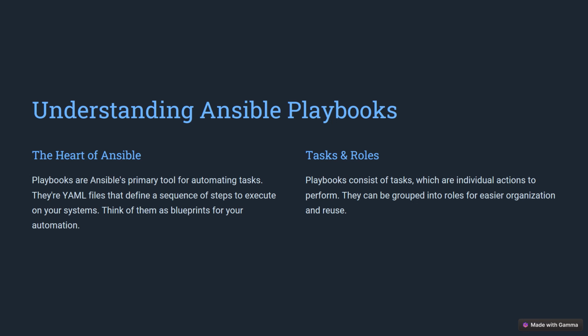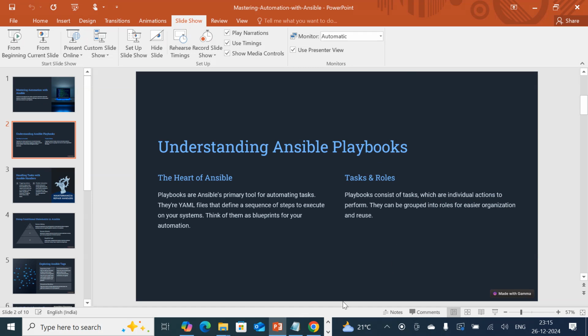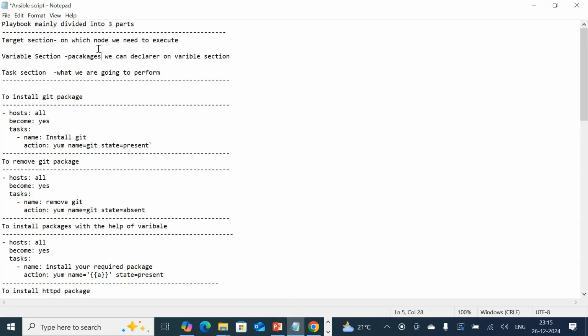of roles. In an Ansible playbook, what are the main things? Please have a look here. A playbook is mainly divided into three parts. One is the target section.